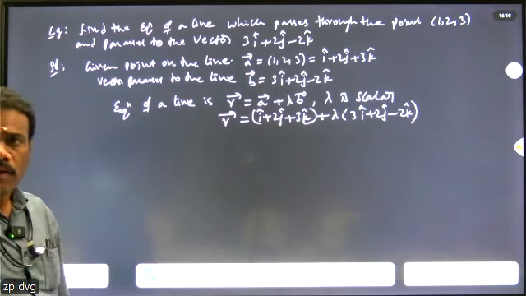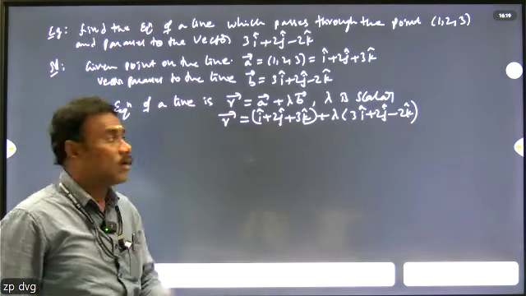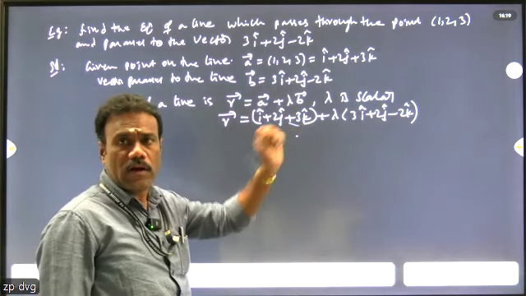This is the vector equation of a line. Suppose the question is asked in Cartesian form, with the point given and the parallel vector also given.